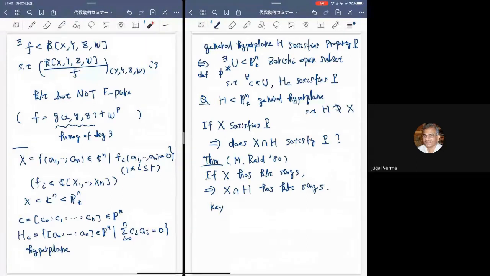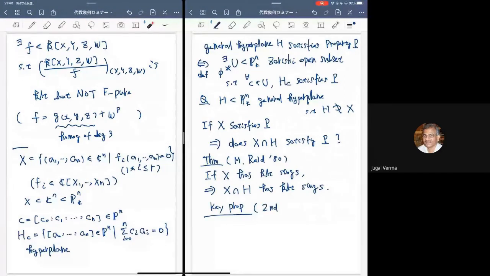Oh, sorry, let me explain the key proposition, key to the proof of the theorem. The key is a theorem, the so-called second theorem of Bertini.